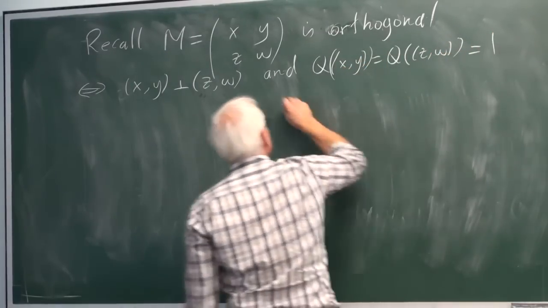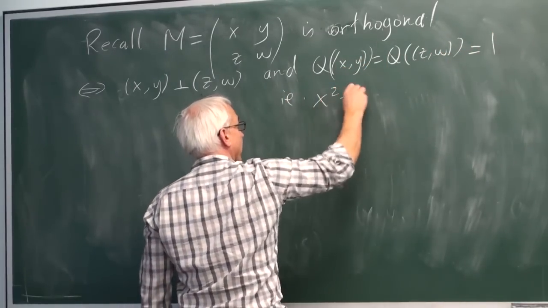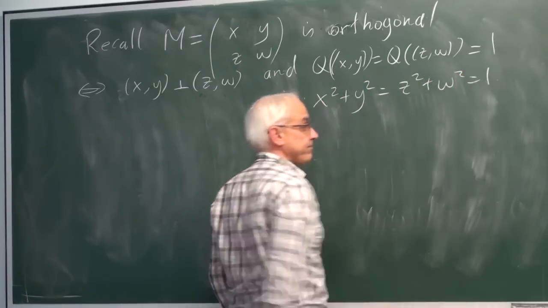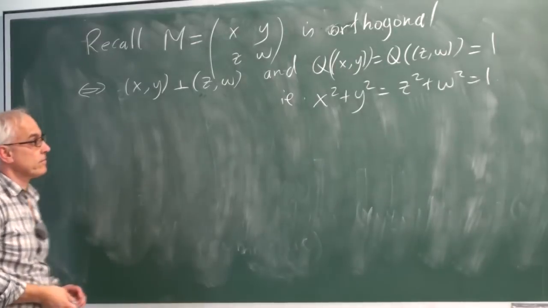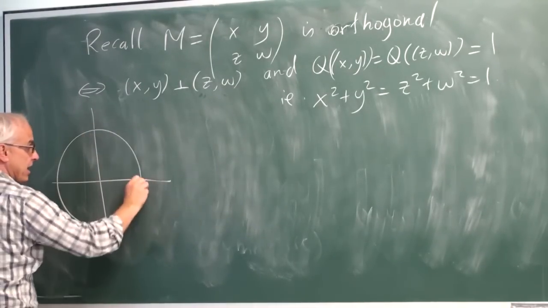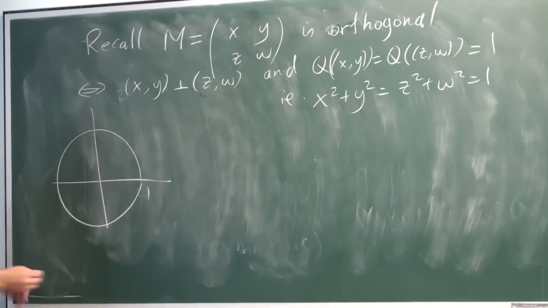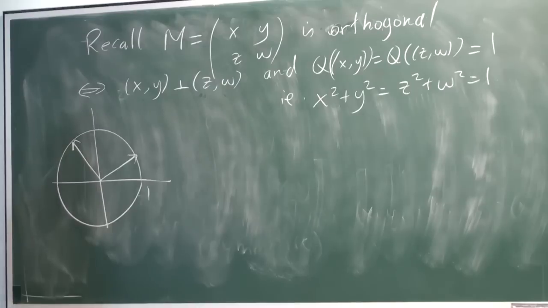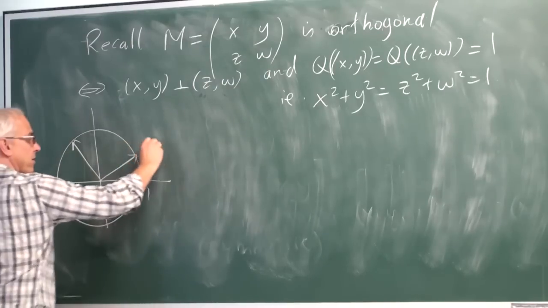In other words, x squared plus y squared equals z squared plus w squared equals 1. Geometrically, we're just taking 2 vectors on the unit circle which happen to be perpendicular.